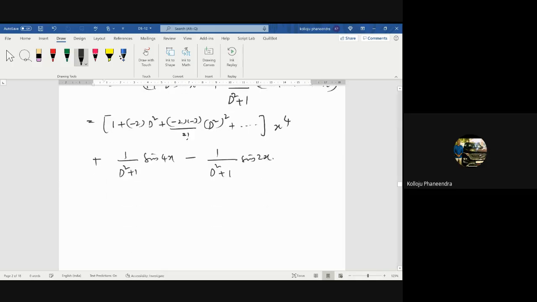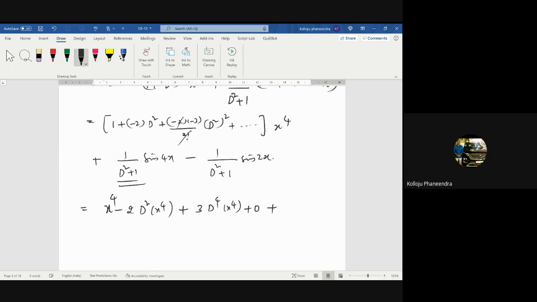This equals 1 minus 2 D square of x power 4, the 2 gets cancelled, negative negative, plus 3 D power 4 of x power 4, and the remaining terms are zeros.